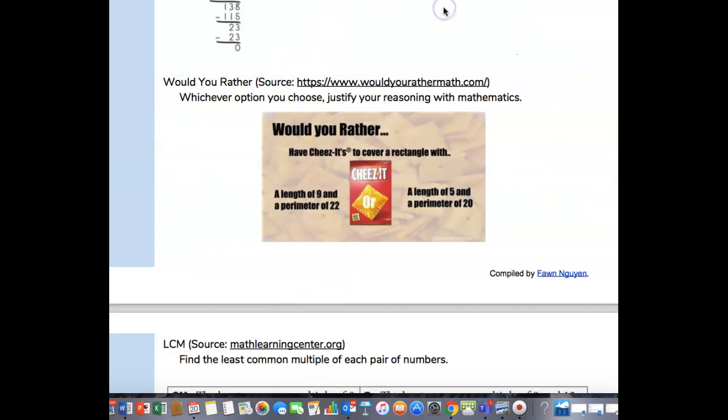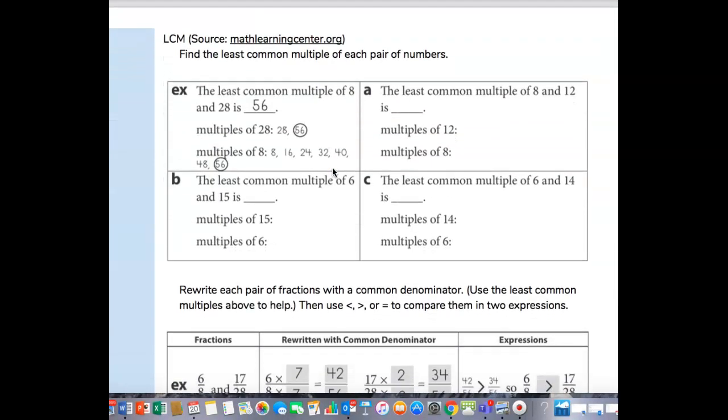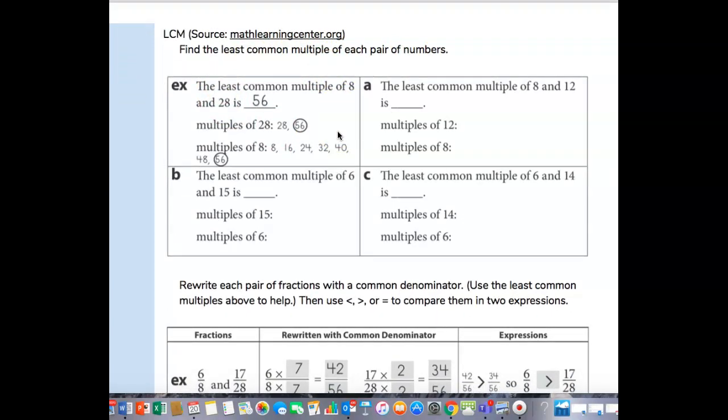All right, let's move on to the next one, LCM. Find the least common multiple of each pair of numbers. All right, the least common multiple of 8 and 28. So you find the multiples of 28. So this is skip counting.